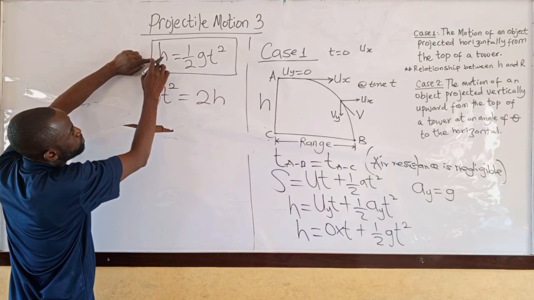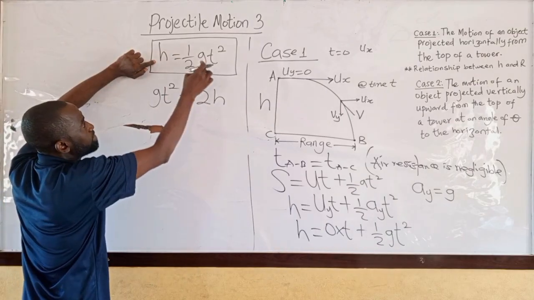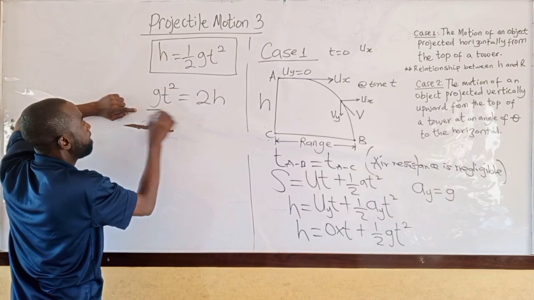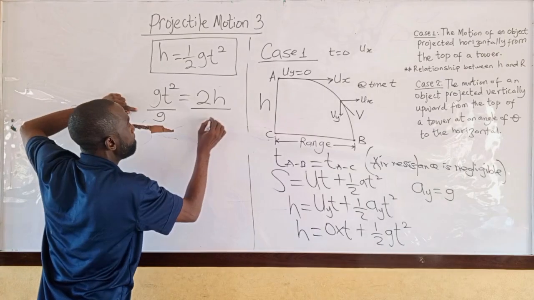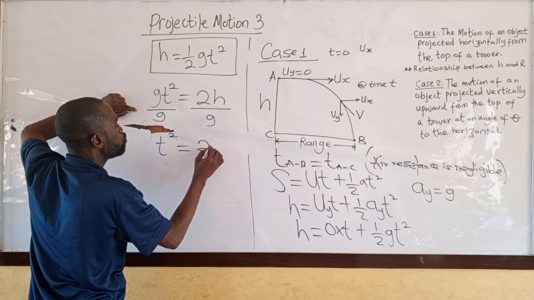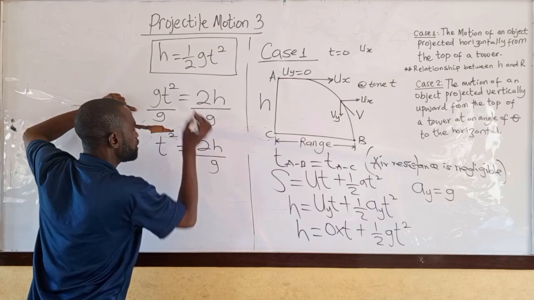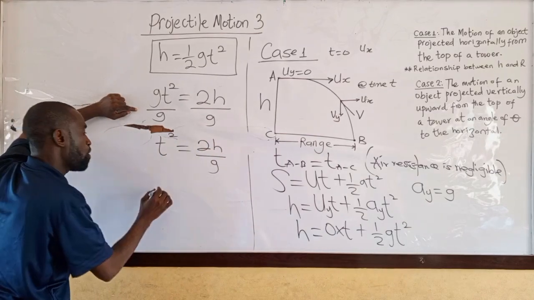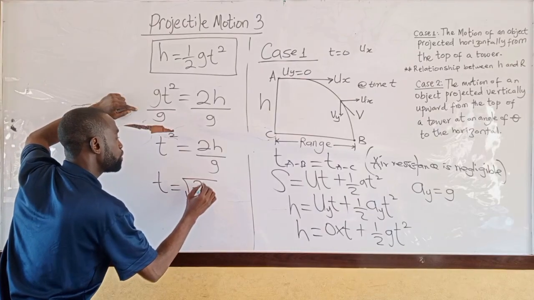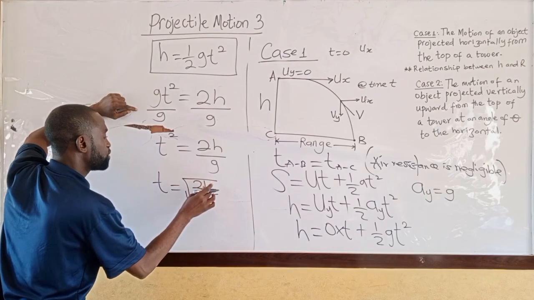When I cross multiply, 2 times h, 2h, 1 times g t squared. So divided by g, our t squared equals 2h all over g. So make t the subject of the formula: t will be equal to the root of 2h all over g.